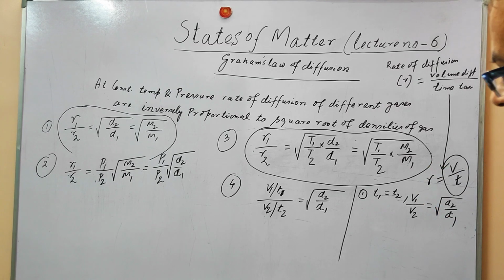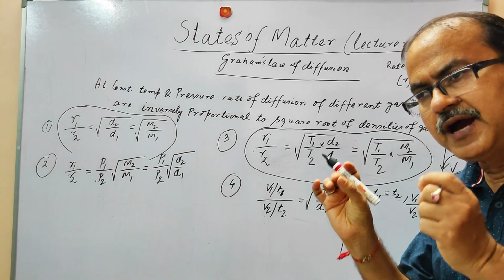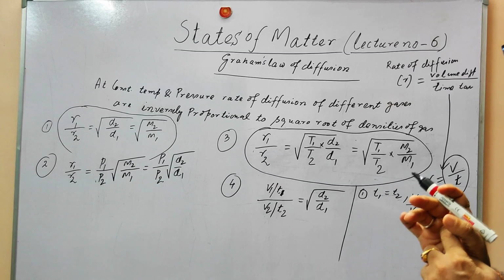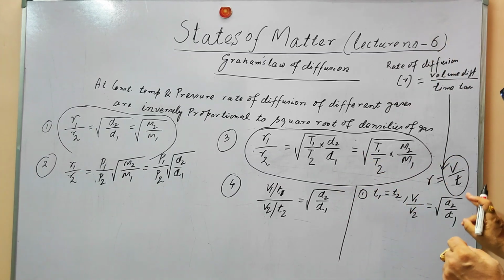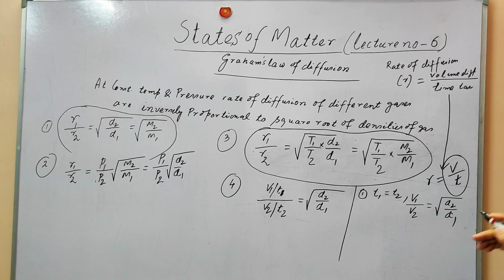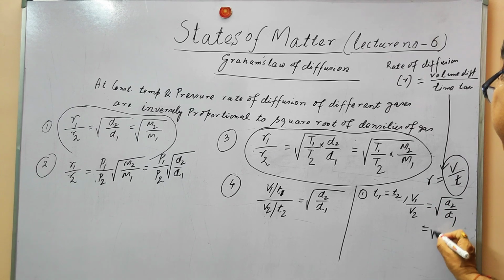It means that when the time of diffusion is the same, the volume diffused correlates with the density, or in terms of molecular mass, M2 by M1.